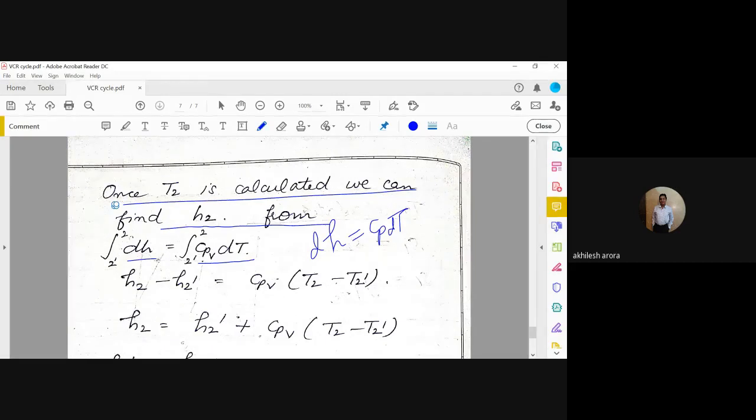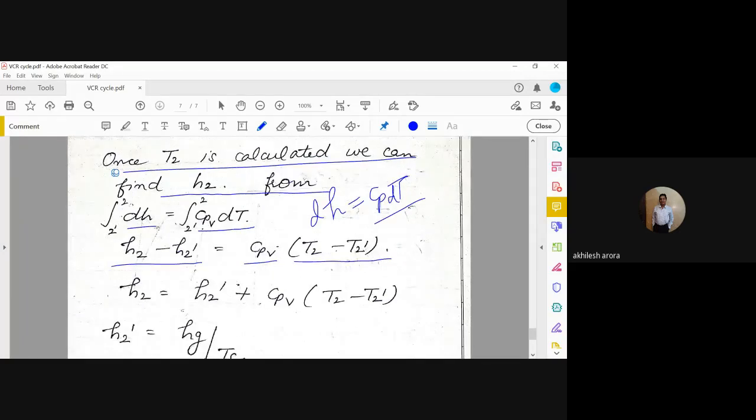So here we have used this particular equation for calculating the enthalpy at state point 2. When we integrate this equation, we will get H2 minus H2 dash is equal to CPV times T2 minus T2 dash. So this will give us H2 is equal to H2 dash plus CPV times T2 minus T2 dash.